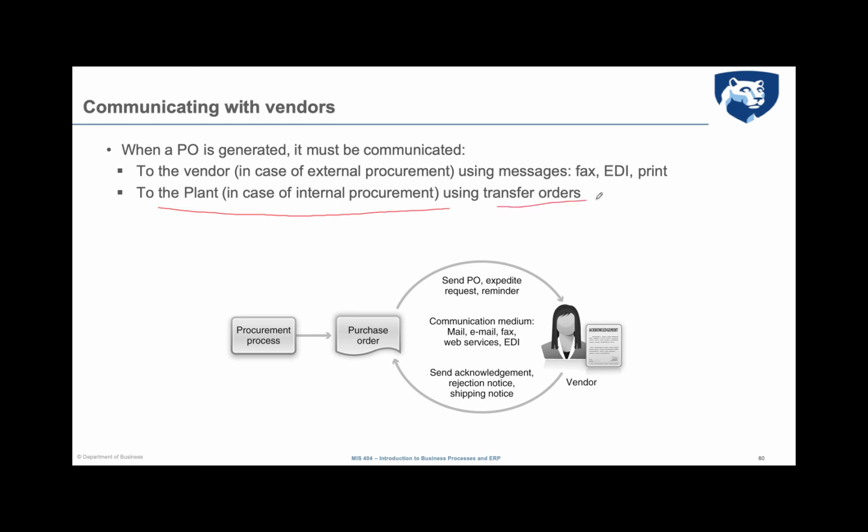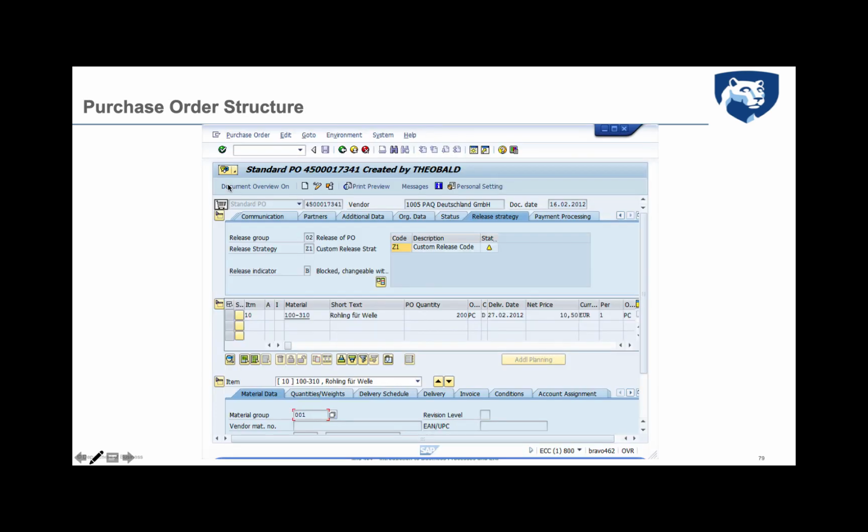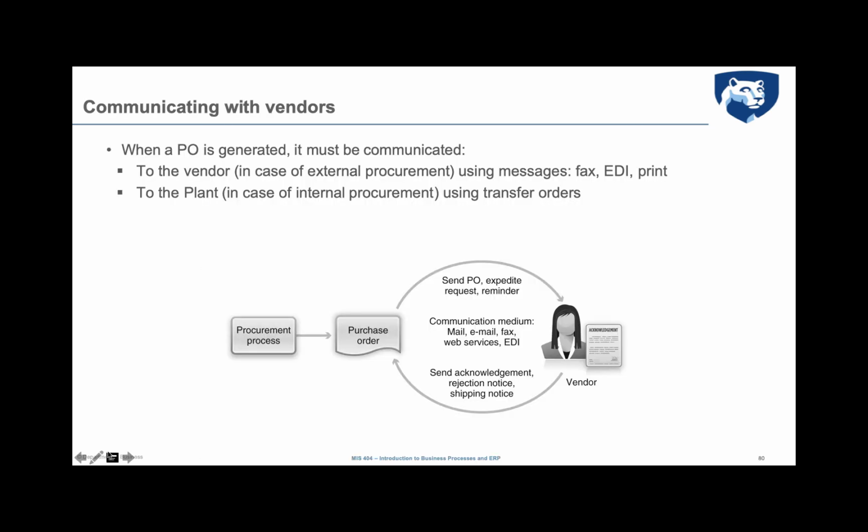So basically, a transfer order is automatically created, and the plant sees the fact that you are asking production to produce something for an internal user. It's trickier when you need to communicate this to the vendor, because again, as long as the systems of the buyer and the vendor are not integrated, automatic communication can be tough.